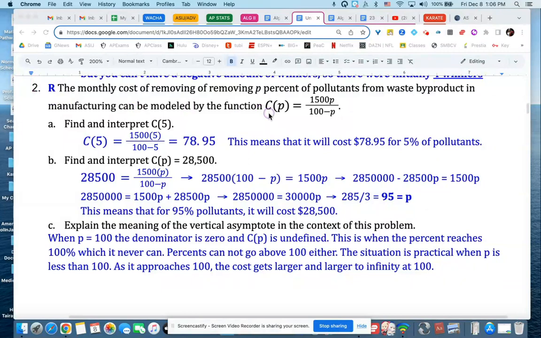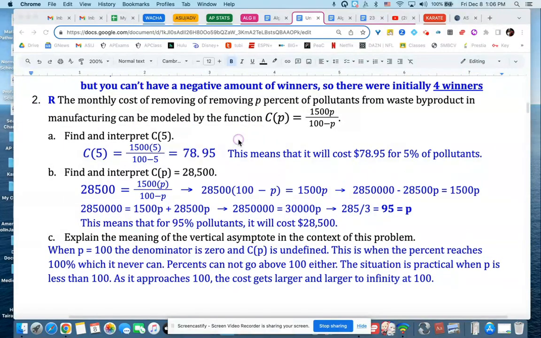All right, one more word problem here. So this one, they're going to give us an equation and just say, hey, this C is the cost of how much it costs to remove pollutants from some manufacturing process. So when you look at this, I have this P here.